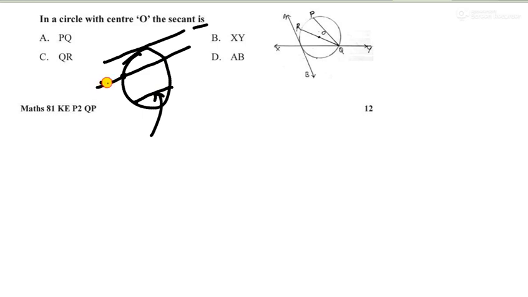So we have to look for the line which is passing through the circle and cutting at 2 points. If you look at this AB, that is a tangent. RQ is a chord or diameter, and this is a chord. Only XY is passing through the circle and cutting at 2 points. So we will call X and Y as what? Secant. So option number B is the right choice.